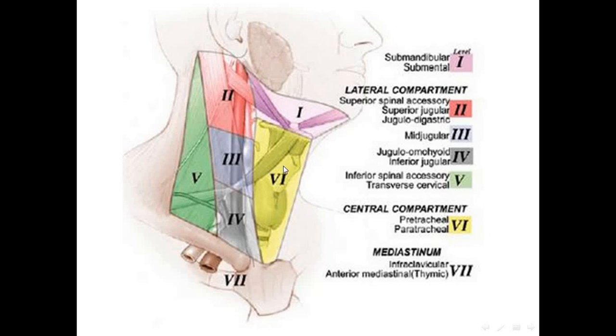And then 6 is the central compartment, including the pretracheal and the paratracheal lymph node groups. Then 7, which is the last level, is the infraclavicular and anterior mediastinal, including the thymic lymph nodes.